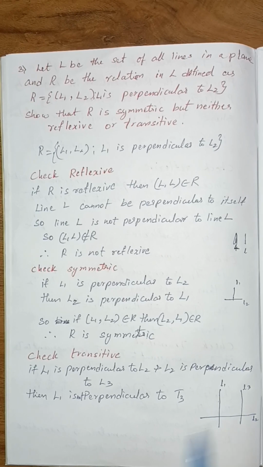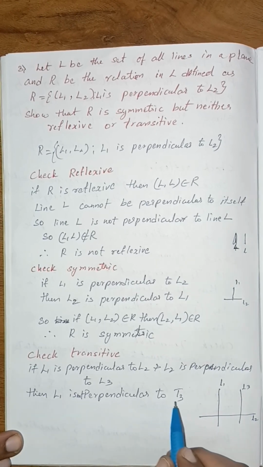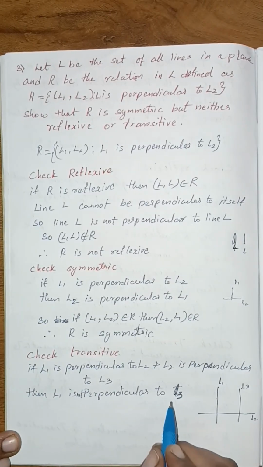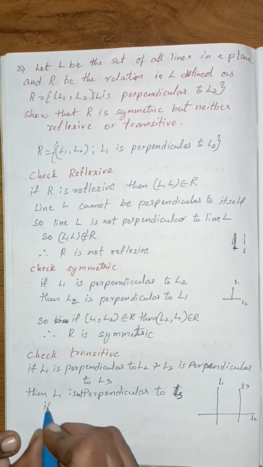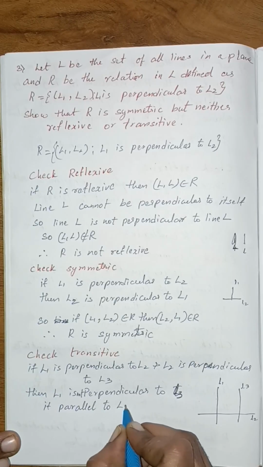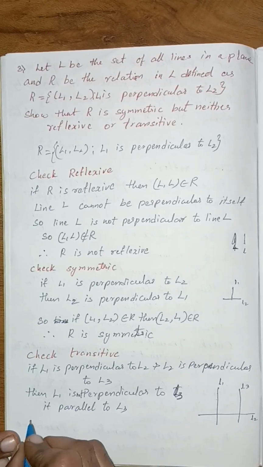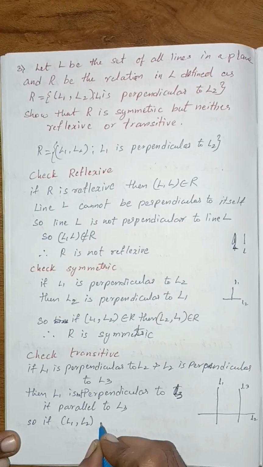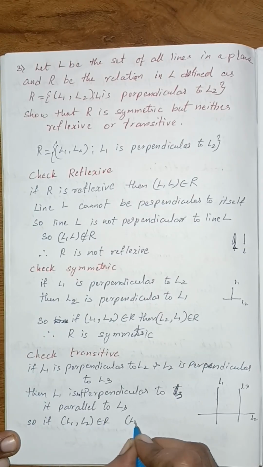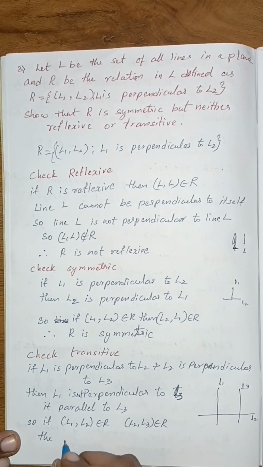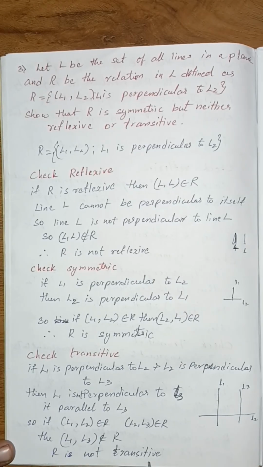It cannot be perpendicular. So if L1, L2 belongs to R and L2, L3 belongs to R, then L1, L3 does not belong to R. R is not transitive.